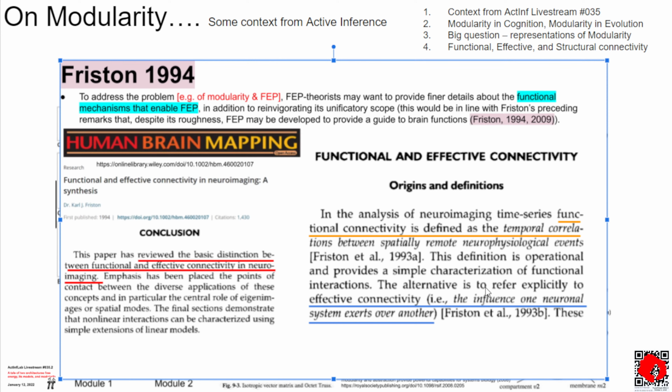The alternative is to refer explicitly to effective connectivity, i.e. the influence one neuronal system exerts over another. So this distinction between functional and effective connectivity is coming from neuroscience, but it's interesting to consider in this framework that we'll be discussing more in the biology of this paper, which has a lot to do with multivariate, classical, like early 1900s statistics.